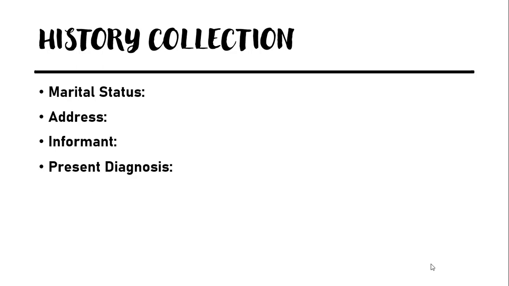In the case of a mental health condition, sometimes the patient is not in a sound state to give information. In that case, someone who is taking care of the patient gives the information, and that person's name and relation to the patient you have to write in the informant column. And at last you have to write the present diagnosis, like depression, mania, ADHD, OCD, whatever it is. So this is the first section of your nursing care plan.